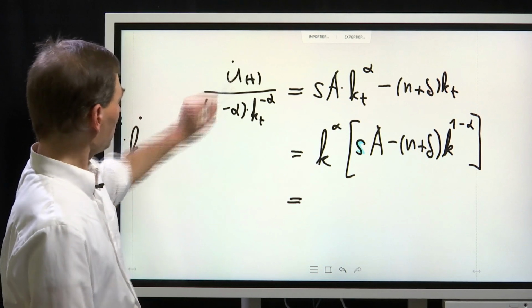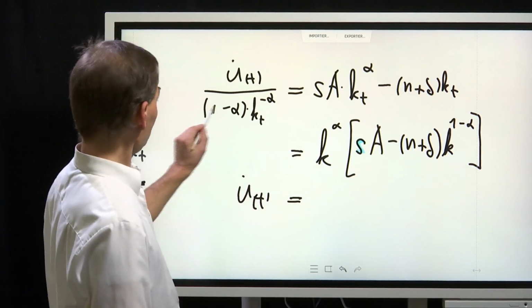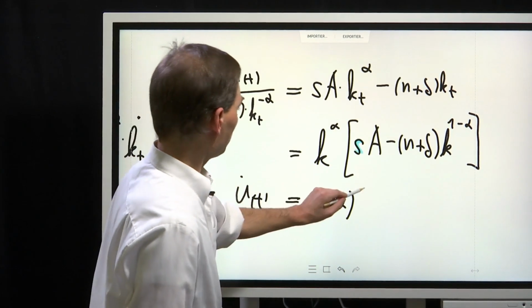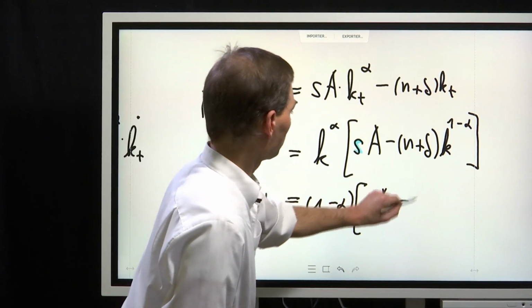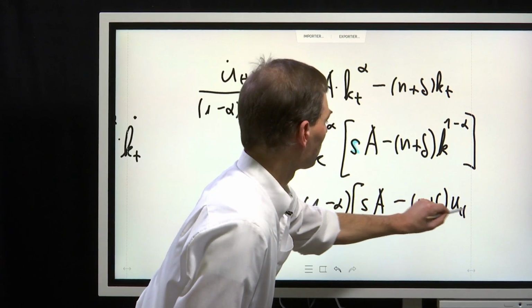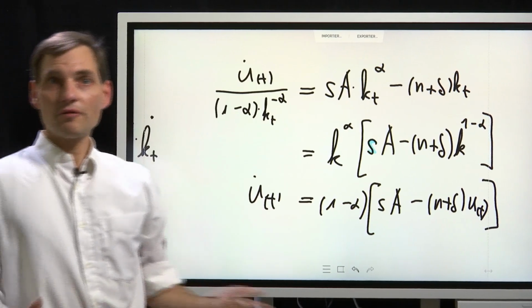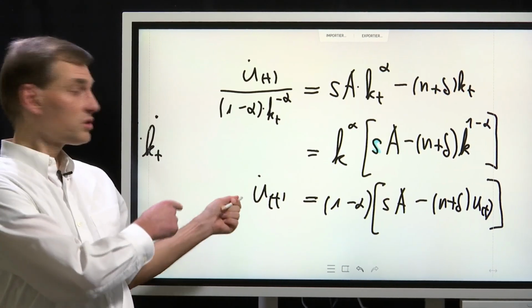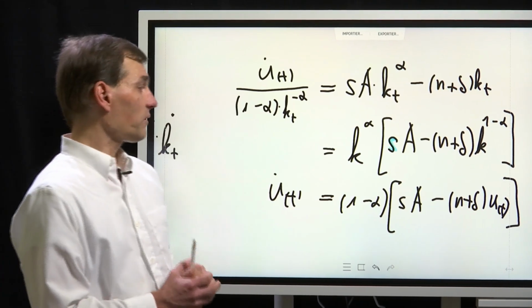So what I obtain is simply u dot of t equals 1 minus alpha, times, in the bracket, s A minus (n plus delta) u(t). Okay, that is the first step, because now we have the same differential equation, just with the variable u.